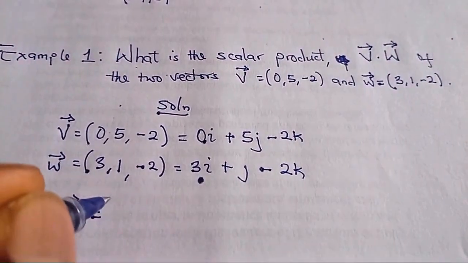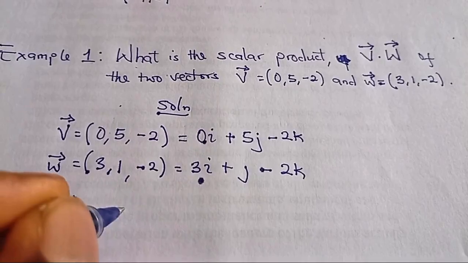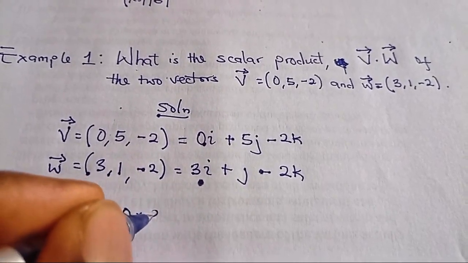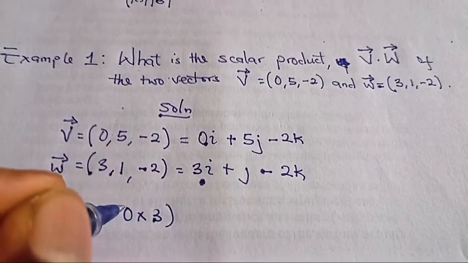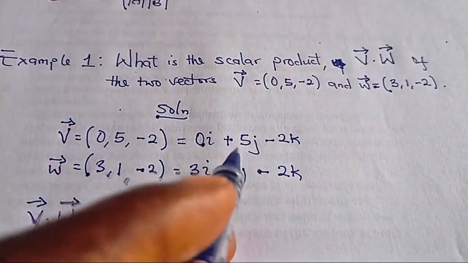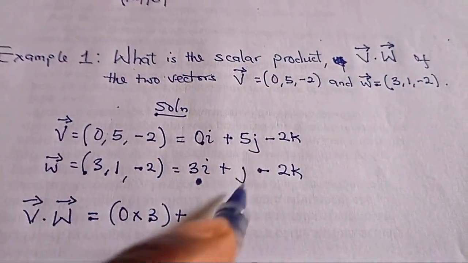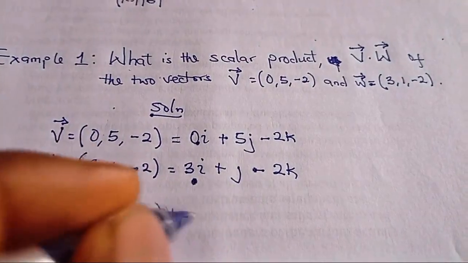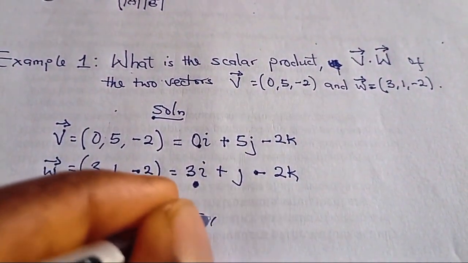So we are going to have 0 multiplied by 3. That's for the i component. We'll add it to the j component. This is 5j multiplying 1j. That is 5 times 1.